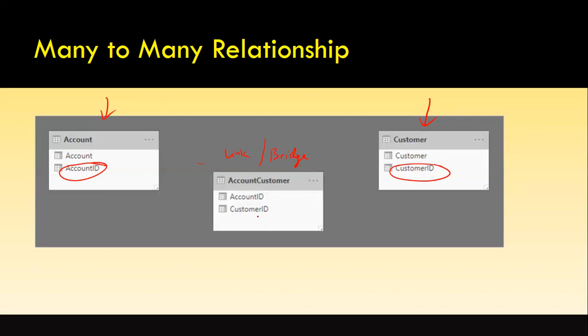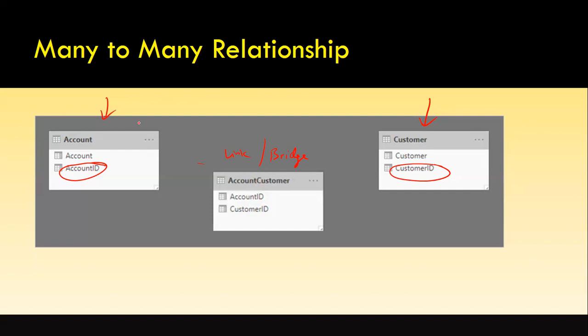It is also called a factless fact, as I told you. The factless table simply has the ID columns, not the facts. This bridge table we named account customer. It holds the combination of both the account ID and the customer ID.